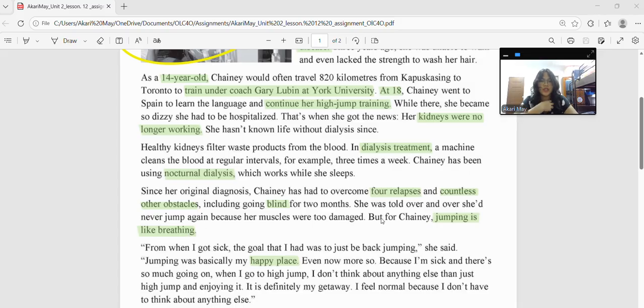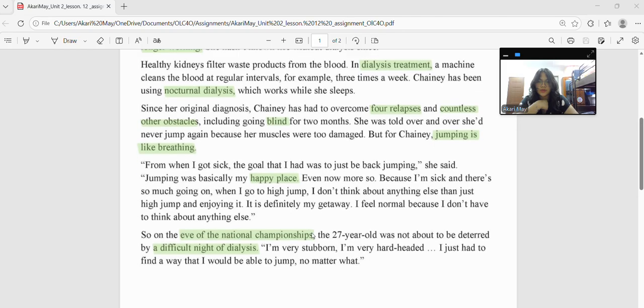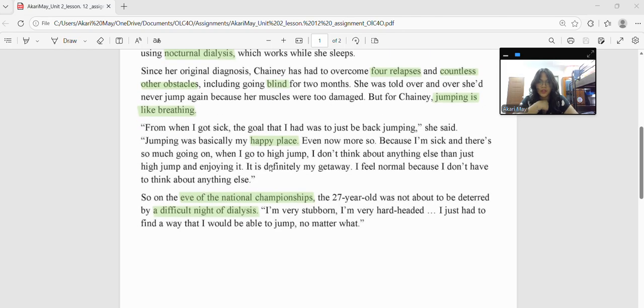So I think she treasures her professional high jump as if she's breathing, as if her life depends on it. So another thing is what she said is her happy place, and that shows that she treasured that professionalism very much. Another thing is the eve of national championship, a difficult night for dialysis.